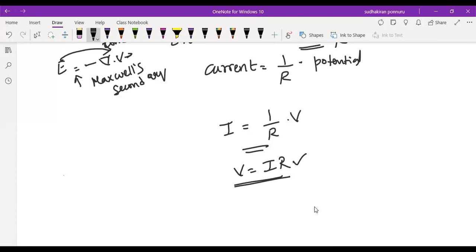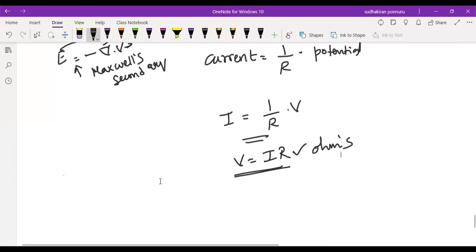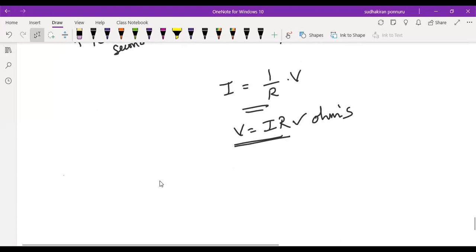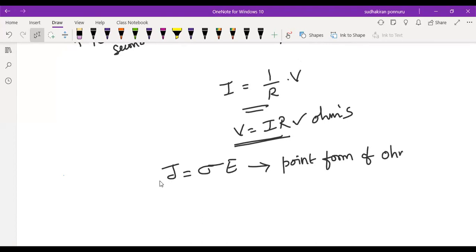V is equal to IR. What is that equation? Ohm's law. Very good. So we are going to call the equation J is equal to sigma into E the point form of Ohm's law.